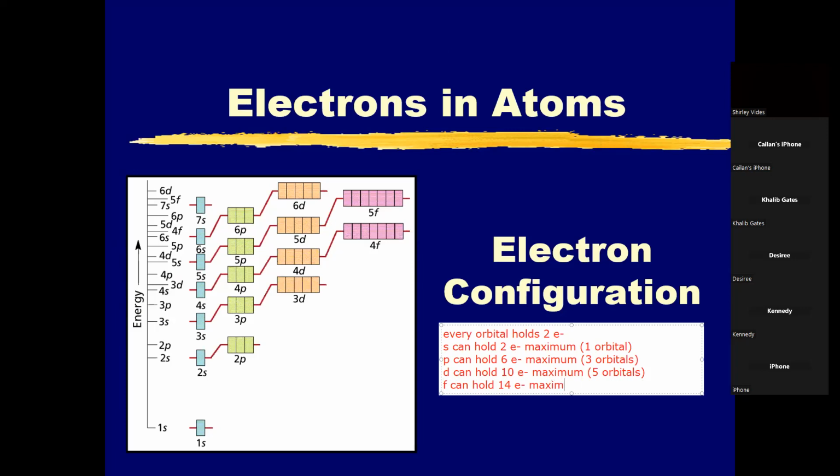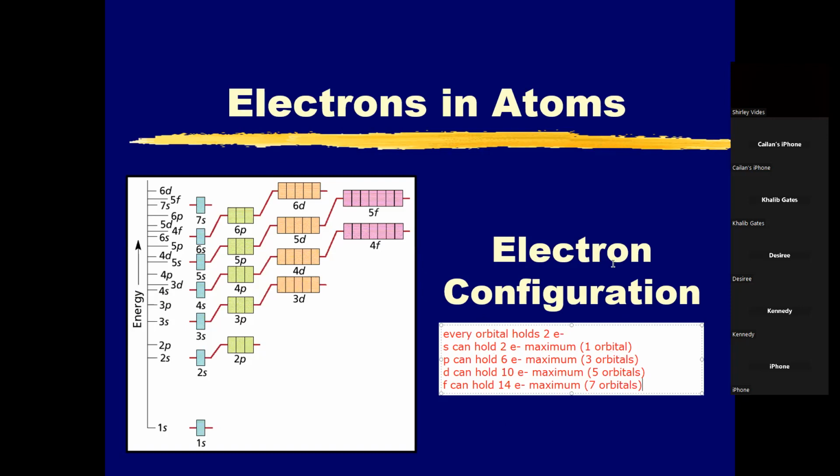And that means we can have a total of 7 orbitals. So this may be asked of you at some point, so just remember these, okay? These numbers are easy to remember because of the region of the periodic table that holds them, S, P, D, and F. If you count the number of columns, they're exactly 2, 6, 10, and 14.